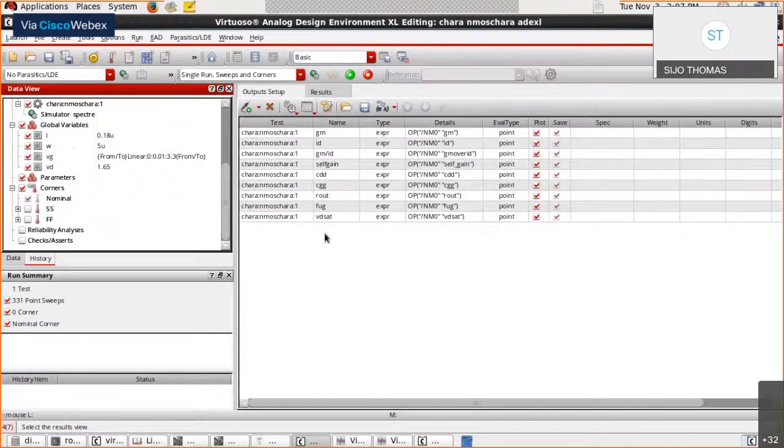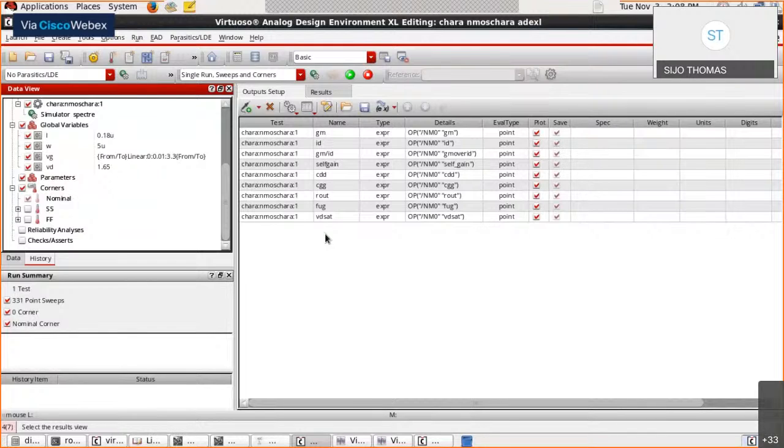The main things I am plotting are GM, ID, GM over ID, self gain, that is the intrinsic gain of the MOSFET, GM into R out, then CDD, CGG, R out, FUG, that is the FT of the transistor, and VDS at saturation, that's VD sat. These are the main DC operating point parameters I am plotting for different values of VG, starting from 0 to 3.3 volts with a step size of 0.01.